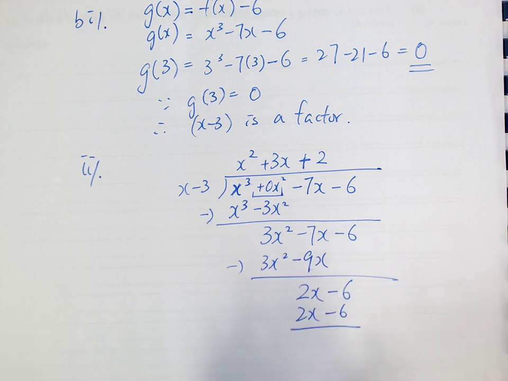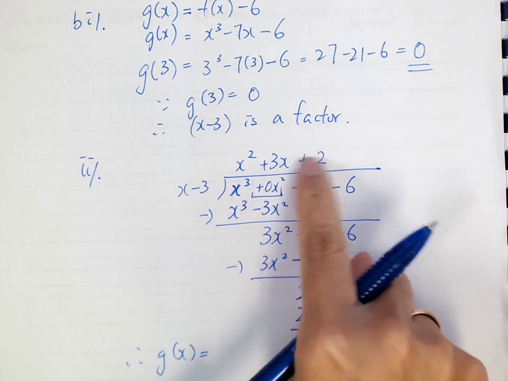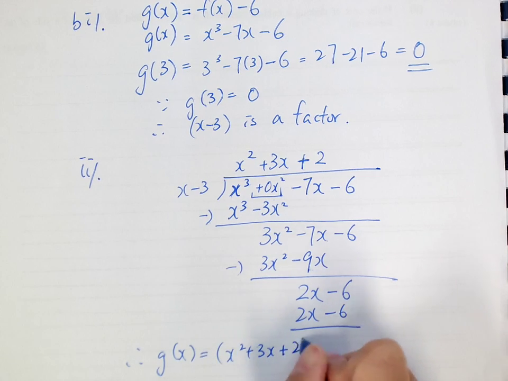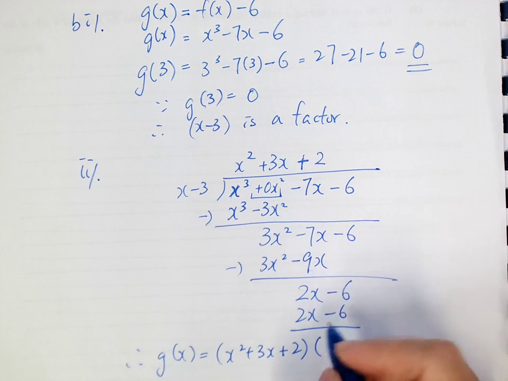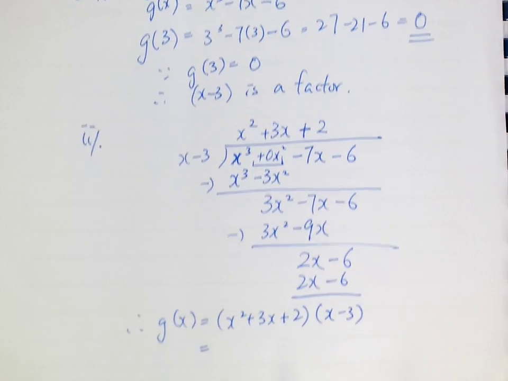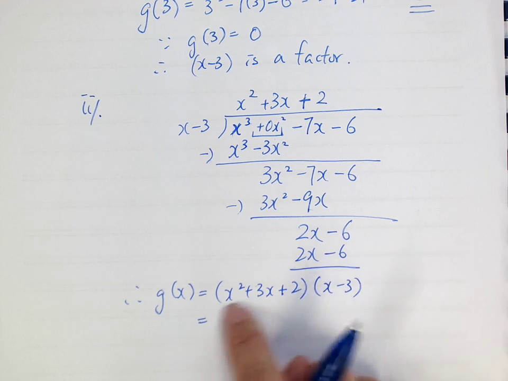Okay, now let's write the factorized form. So g(x) should equal the quotient x squared plus 3x plus 2 times the factor. Alright, it is not the end yet because you can still factorize this one.